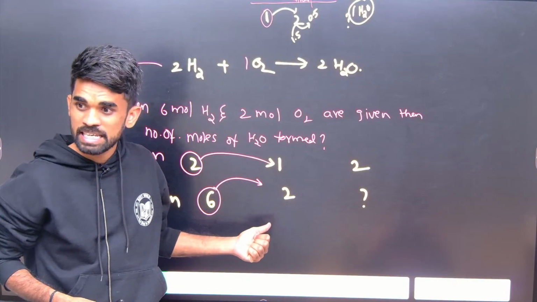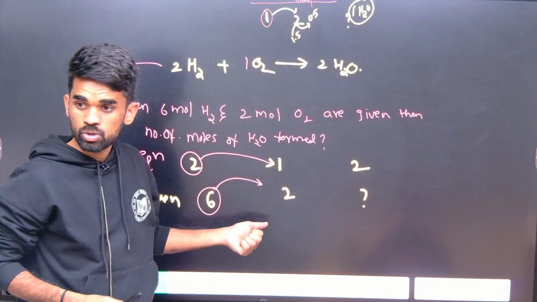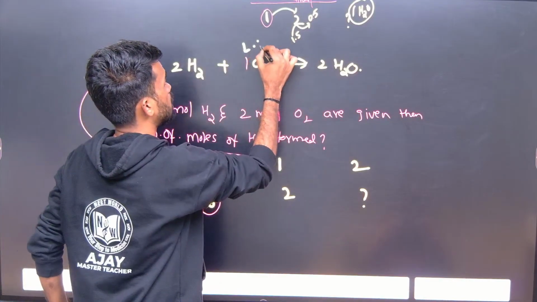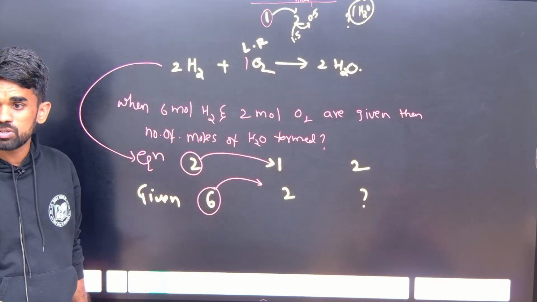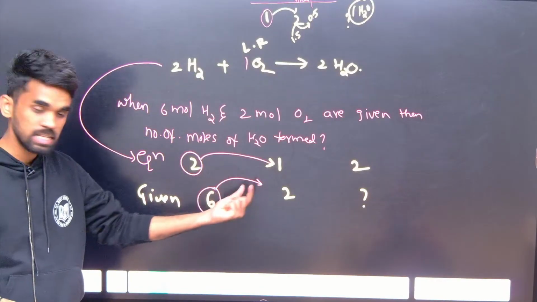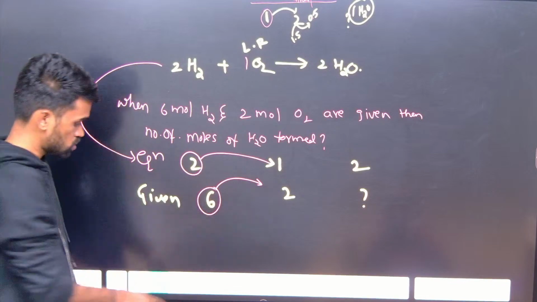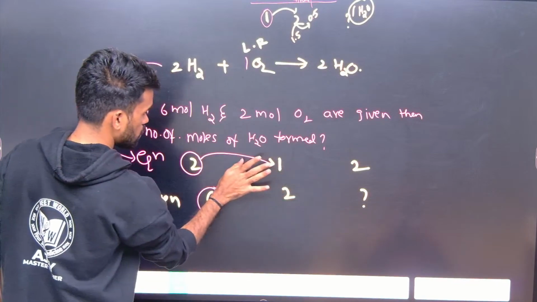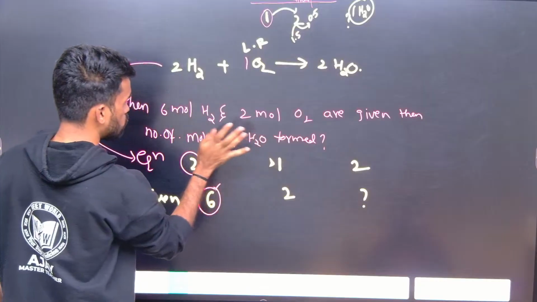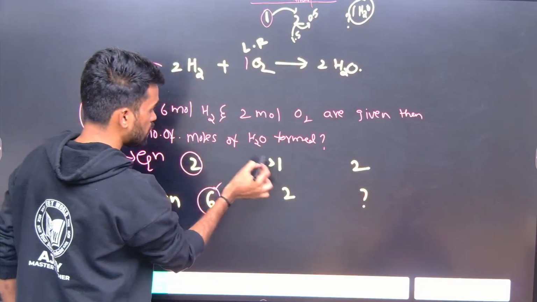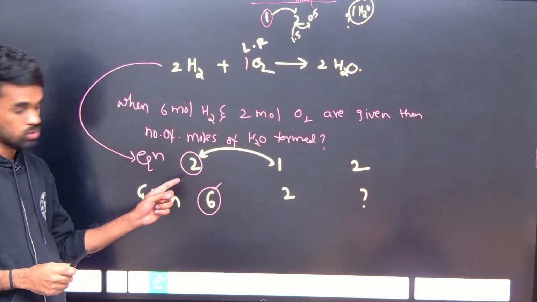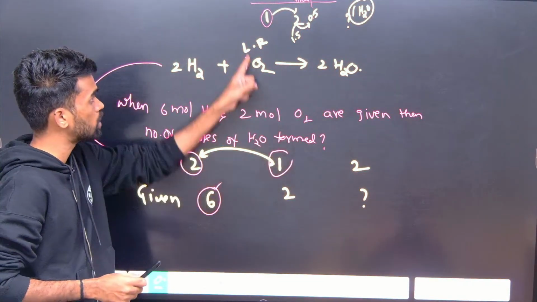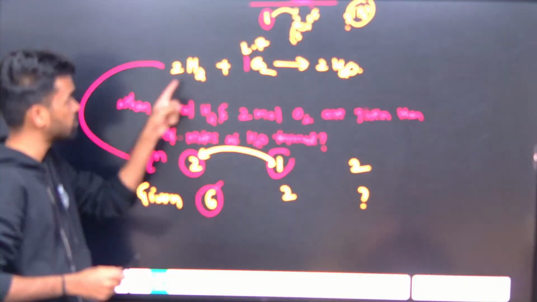So which is less here? O2. So this is now called the limiting reagent, and our calculation should be done with respect to the one which is lesser. That is what the limiting reagent is. Okay, so how can I do it now? For 1 mole of this limiting reagent O2, we require 2 moles of H2.